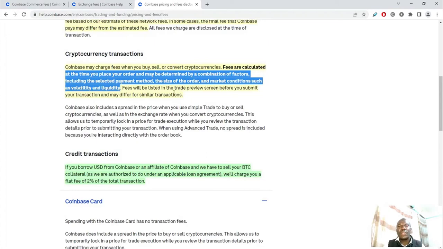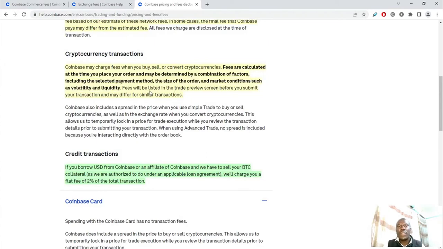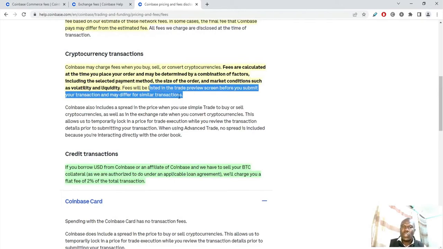And the fees will be listed in the trade preview screen before you submit the transaction. So this happens when you want to place that order, or you want to convert that cryptocurrency, then Coinbase will give you the fees automatically, so that you can decide whether you want to continue with the transaction or not.